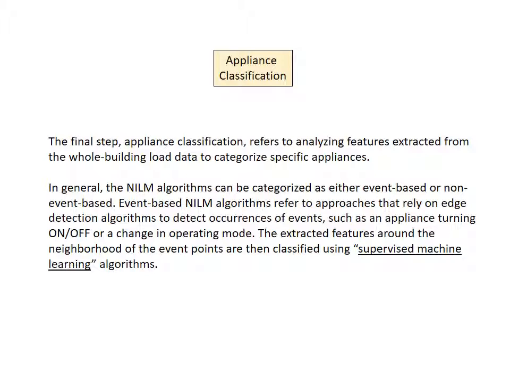Those extracted features are then classified using some sort of supervised machine learning algorithm, which means we have a training data set, a library of devices that we know have certain levels of real and reactive power associated with them, and then we're matching that, trying to minimize the error of matching that with the features that we extracted from the smart meter data.